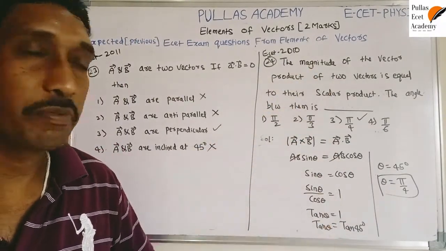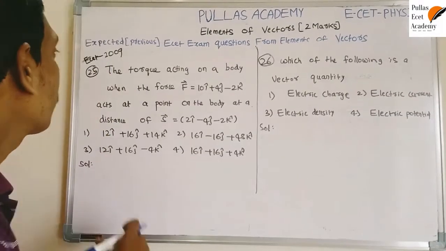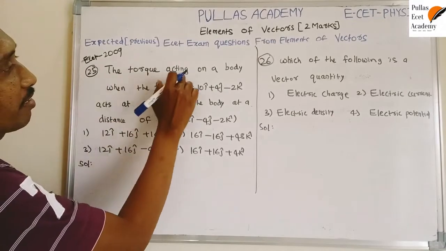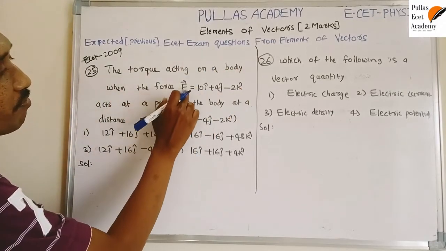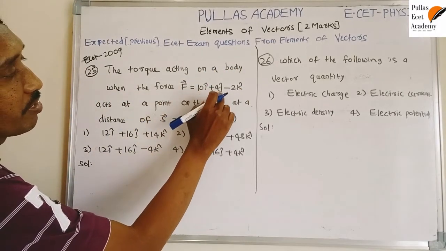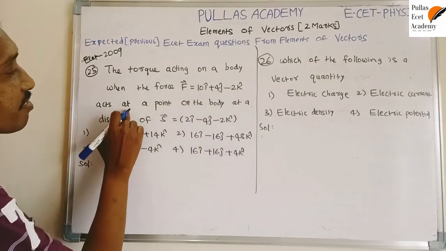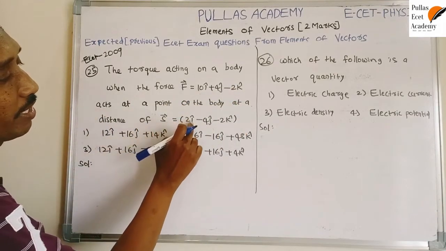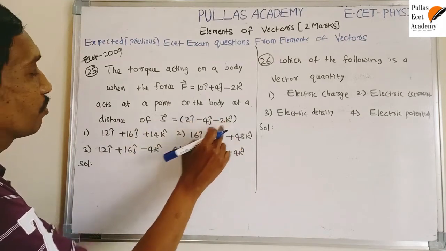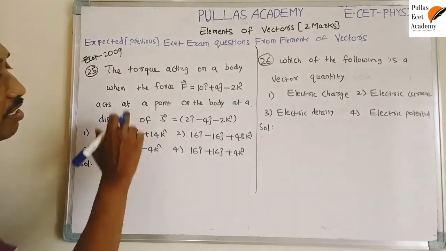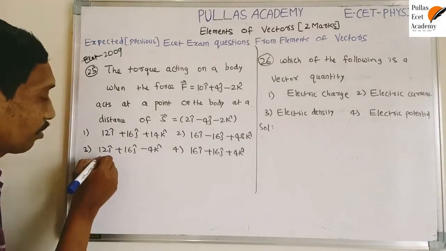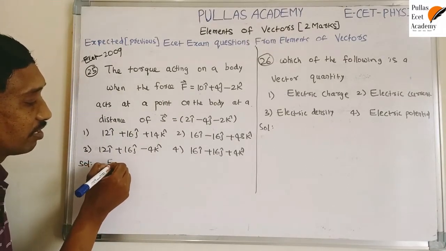This is the concept. The next question is in EAMCET 2009. The torque acting on a body when the force F bar is equal to 10 i cap plus 4 j cap minus 2 k cap acts at a point on the body at a distance of S bar equal to 2 i cap minus 4 j cap minus 2 k cap is given. Asking for torque, force and position vector or displacement is given. What is the formula for torque?